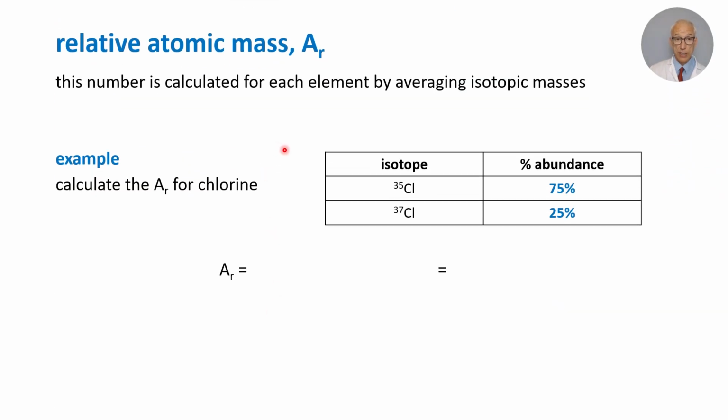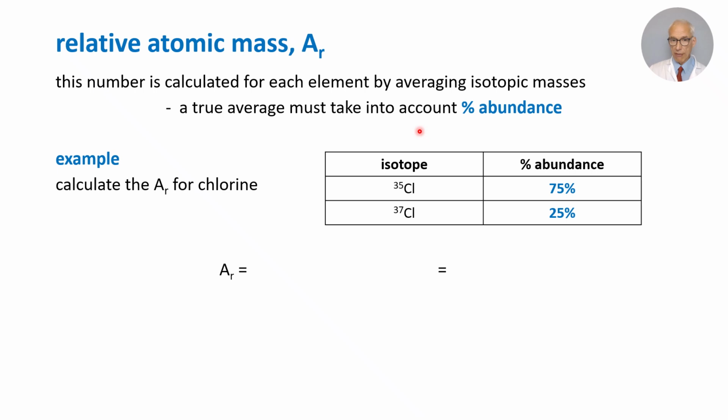So now the idea of relative atomic mass, which has the symbol capital A subscript r. This is the number calculated for each element by averaging isotopic masses. If we look at chlorine, we've just seen that chlorine 35 is 75% abundance and chlorine 37, 25% abundance.